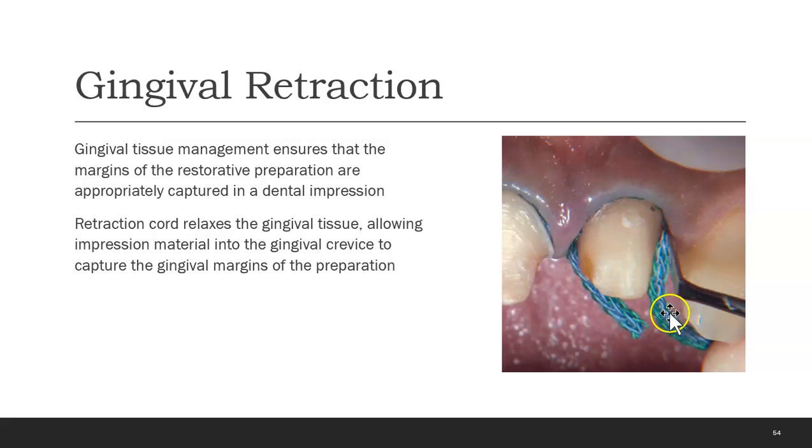So that's what a gingival retraction cord is used for. It's placed into the gingival sulcus, so it pushes the gingival margins away from the restorative prep that you need to do.